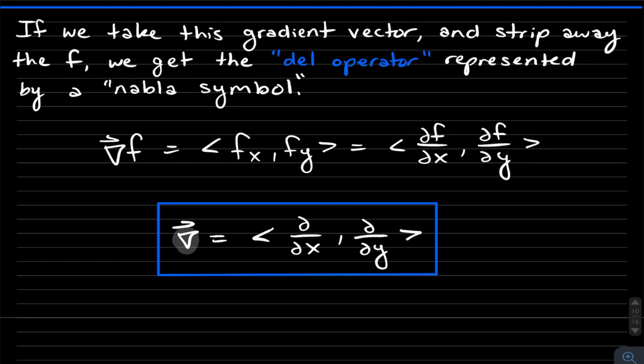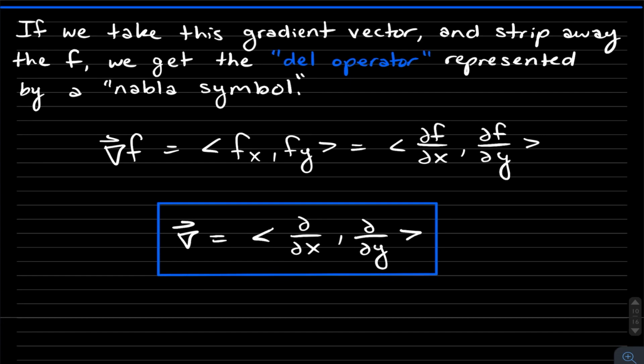That's a cool name. Instead of writing it like this, they're partial derivatives, they're just not acting on anything yet, so we're just taking away the f that would be right here. And that's really what this del operator is.